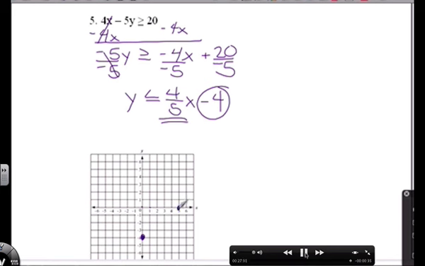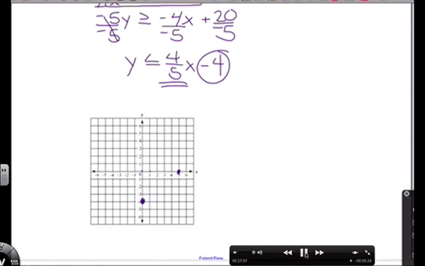Oops, I'm getting off my graph here. Dotted or dashed or solid line? Solid, because of the equal bar. So I draw my solid line. Do I shade above or below? Below. You will need graph paper.